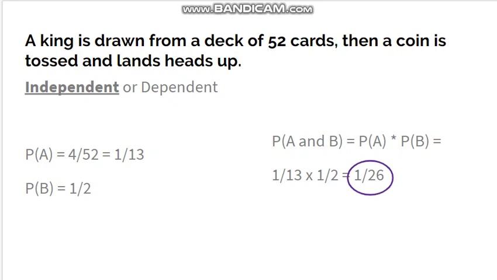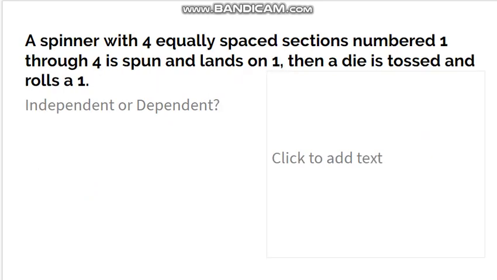Let's look at the next one. A spinner with 4 equally spaced sections numbered 1 through 4 is spun and lands on 1, and then a die is tossed and rolls a 1. Since those don't have anything to do with each other, it's independent. The probability of A, getting a 1 on the spinner, is 1 out of 4.